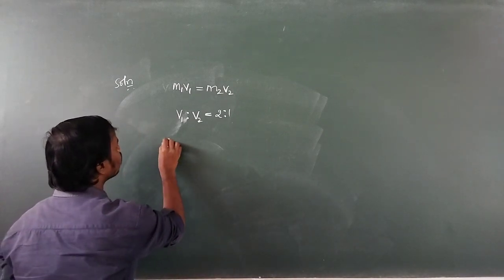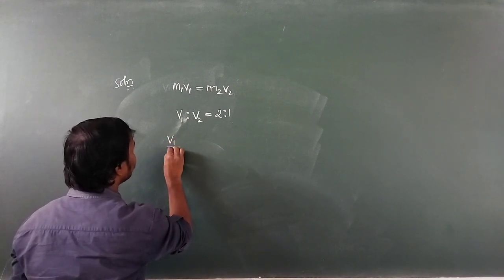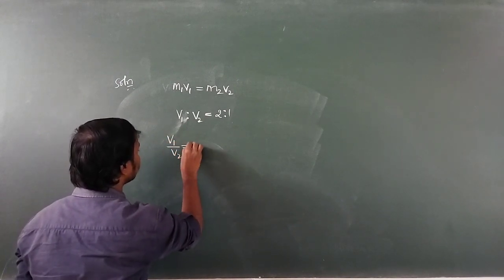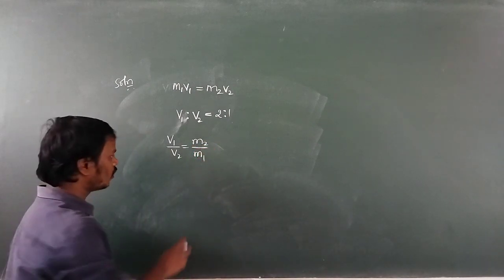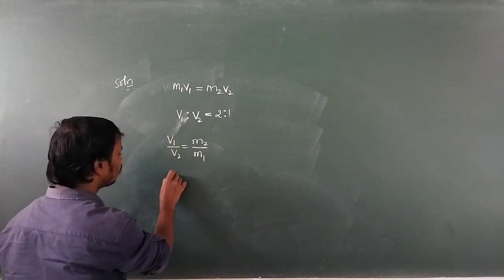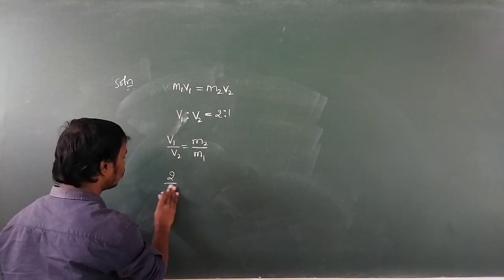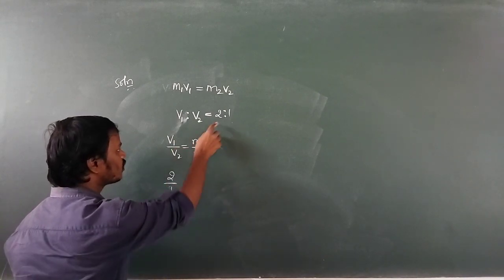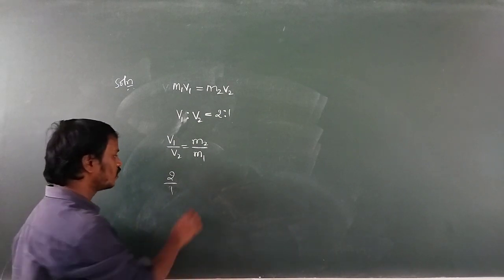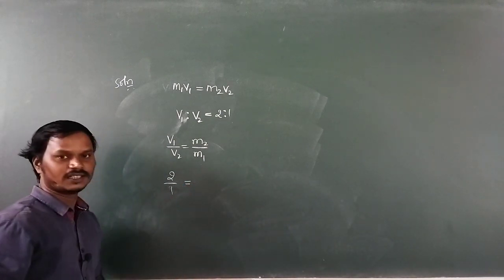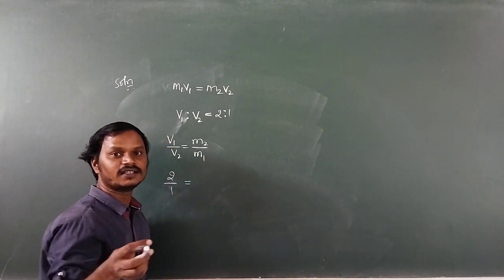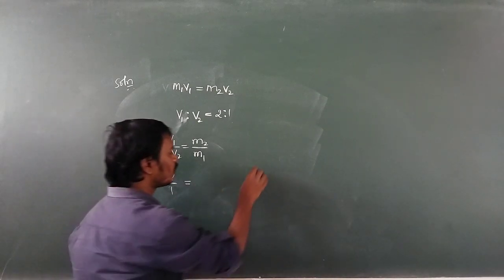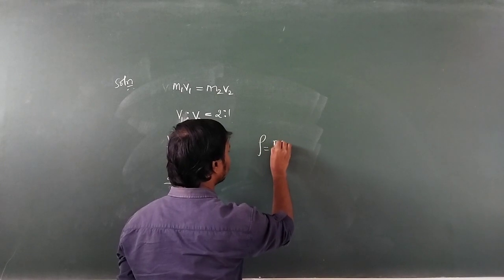So see here, v1 by v2 is equal to m2 by m1. Now v1 by v2 is 2/1. Then m2 can be written in terms of density and volume. What is density? Mass per volume.